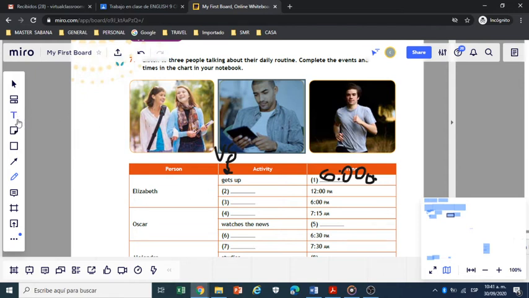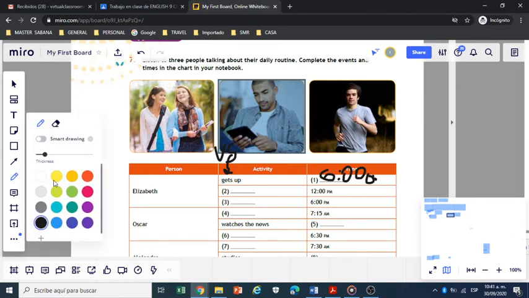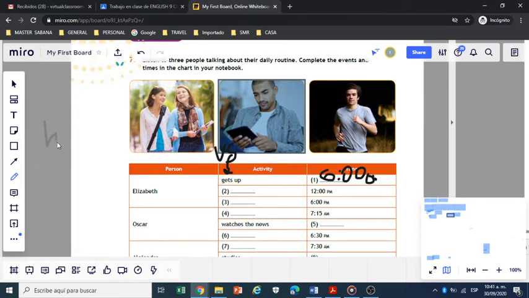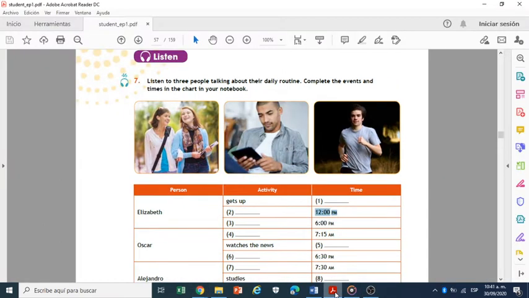Elizabeth, have plus S, third person singular, has. So Elizabeth has lunch at 12 p.m. Okay, let's continue with the listening exercise.